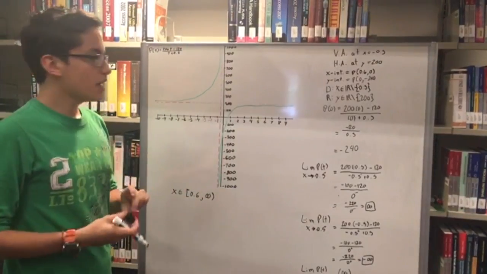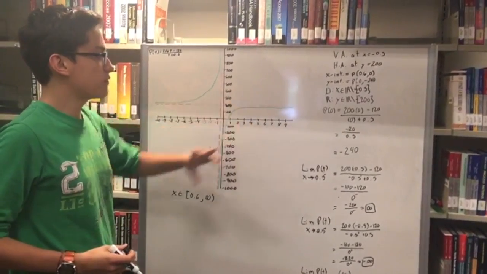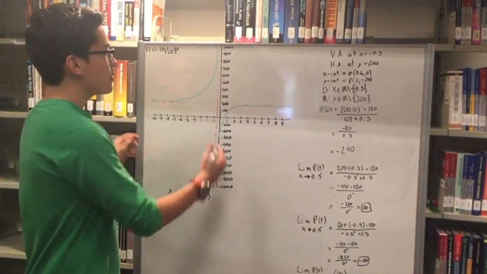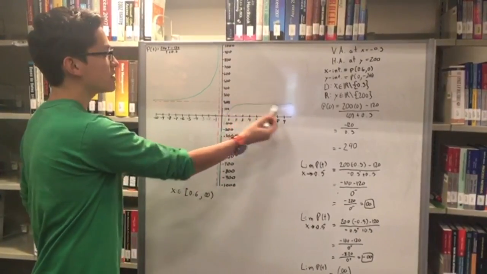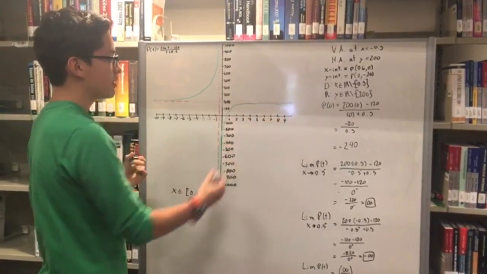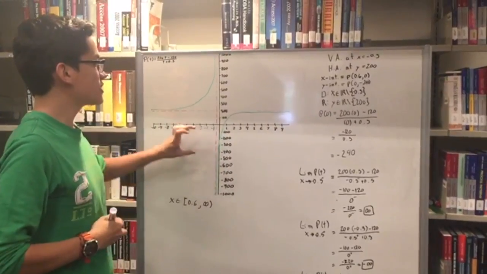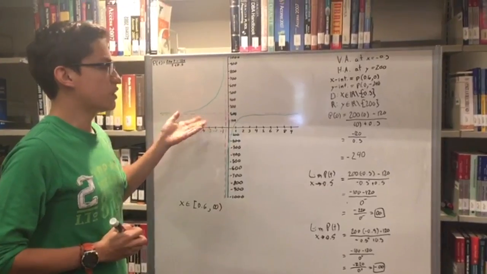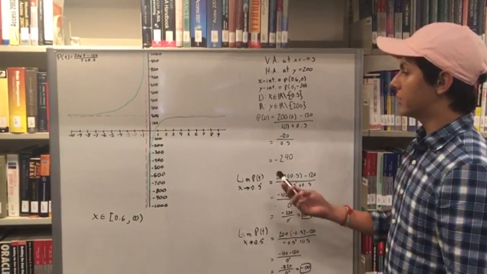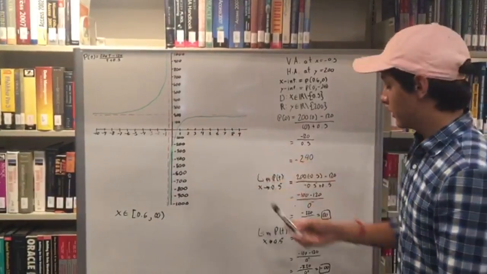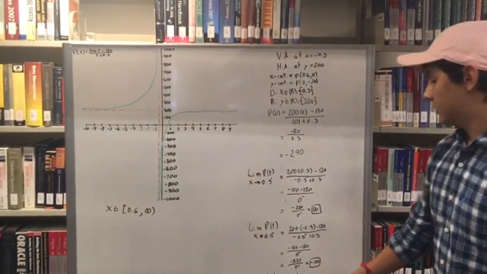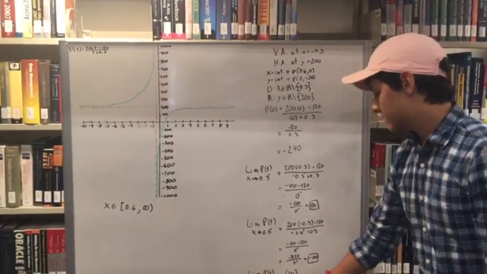But only according to the context of our population, we can only use quadrant 1, and here we can notice that it is also increasing as it approaches y 200. So according to the context of the problem, we only pay attention to quadrant 1, and this limit applies, the end behavior.